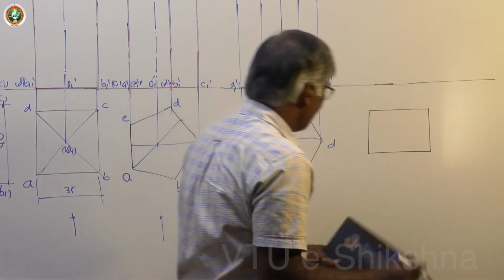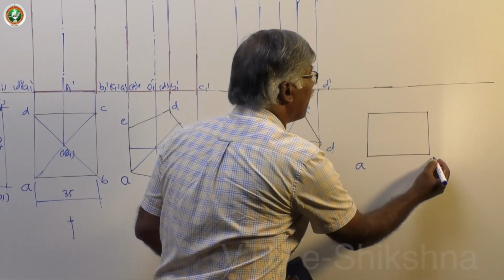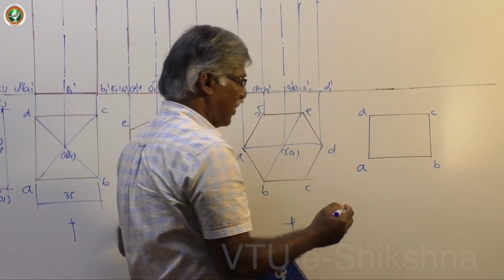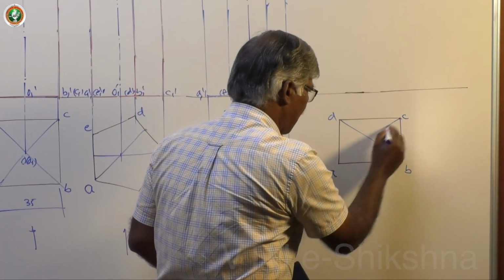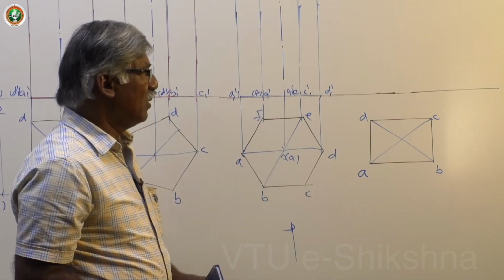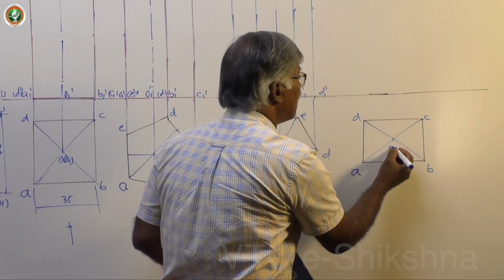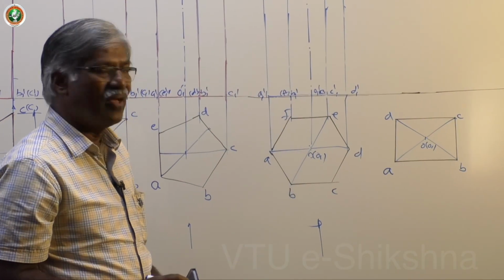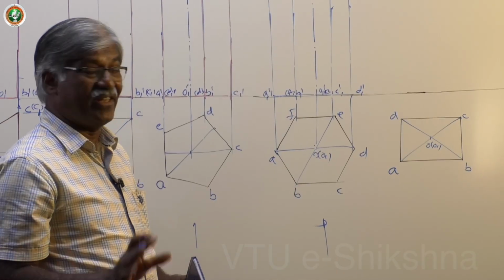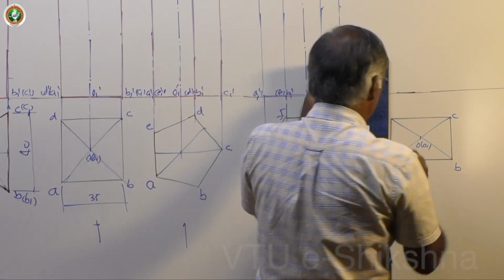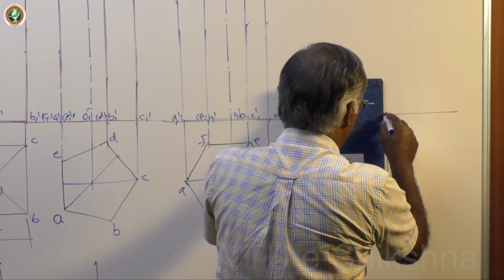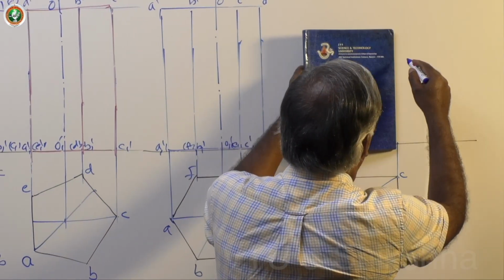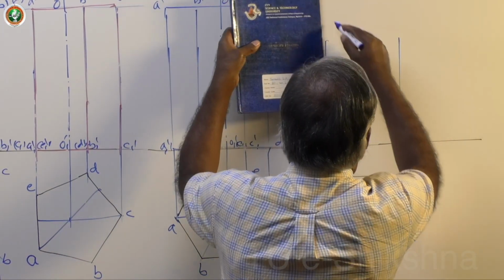Now naming A, B, C, D. Okay, as usual, two diagonals. Identify this. This should be very light because for construction purpose only, we are not doing edges. Then no edges available there. It is only the construction purpose.